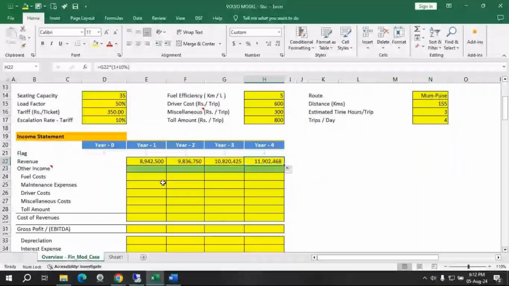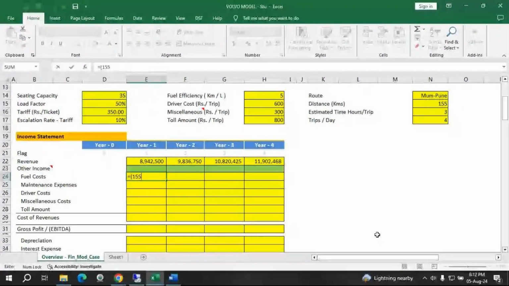Coming to fuel cost: how much is the distance? It is 155 kilometers, and the fuel efficiency is 5 kilometers per liter. So I'll take 155 divided by 5, into 4 trips per day.